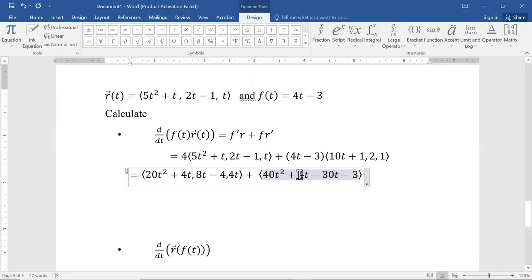Now I'm also going to combine these like terms, 4t minus 30t, and come up with a minus 26t. And that's my x component.